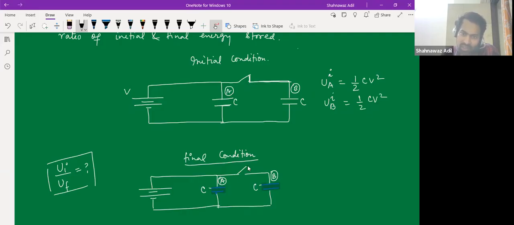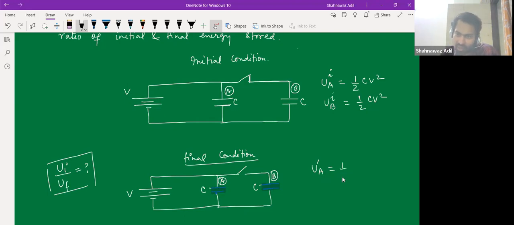Now we have disconnected this switch. But this part is connected and this part is disconnected, right? So then in A, the energy will increase or decrease if we have inserted the dielectric medium? Remember, this is connected and this is disconnected. Increase.